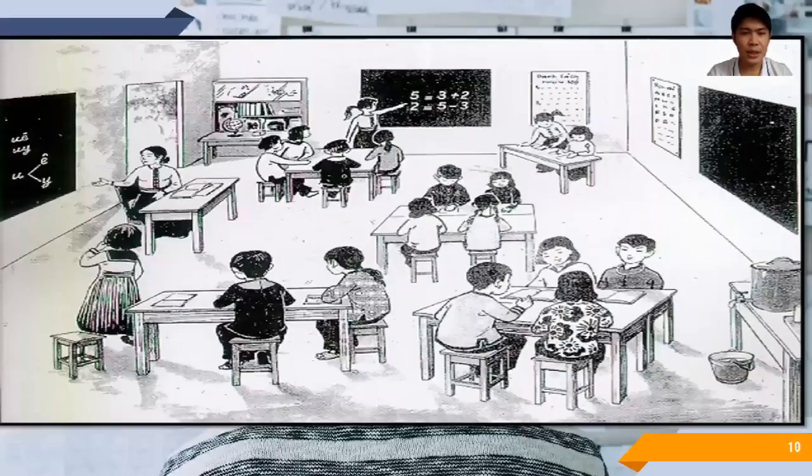So under this, nakikita po natin on the picture the different activities in a single classroom with different grade levels. Iba-iba po ang kanilang ginagawa during the classroom instruction, depending upon the activities initiated by the teacher.